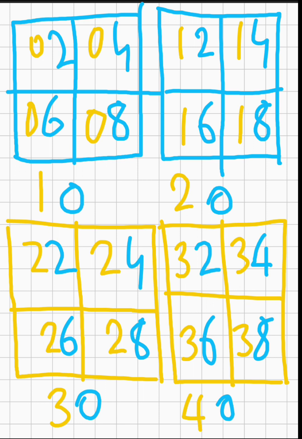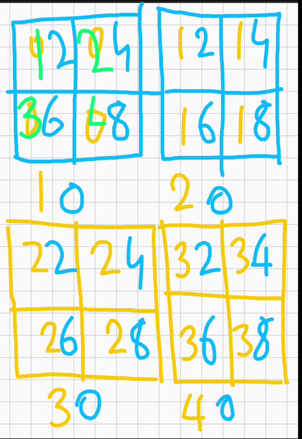So 1 plus the first yellow digit, that is 0, is 1, and 2 plus 0 is 2. 3 plus 0 is 3, and 4 plus 0 is 4.